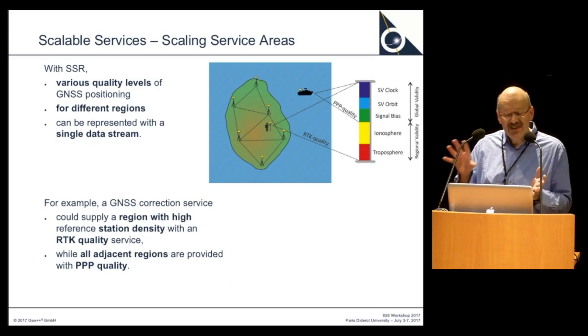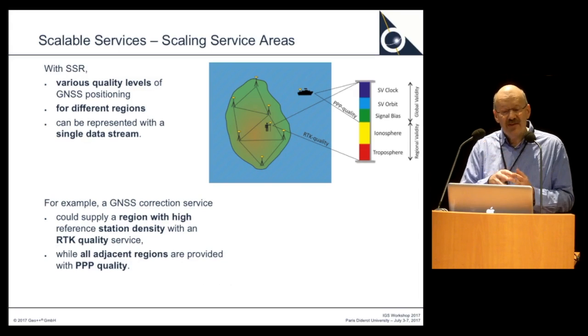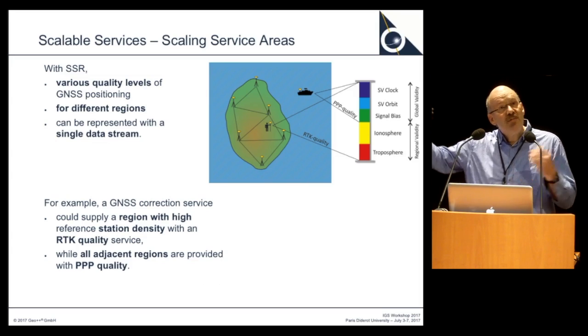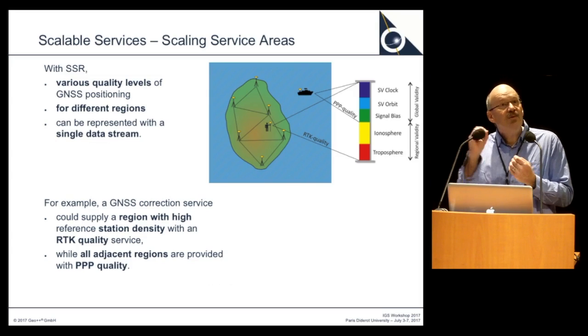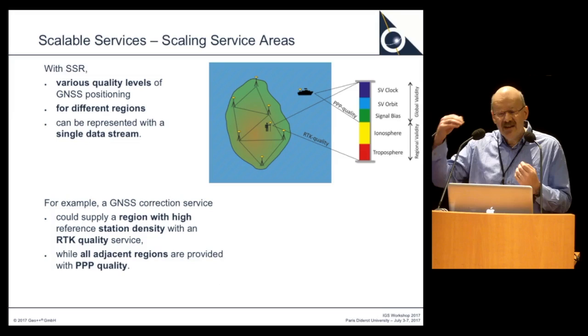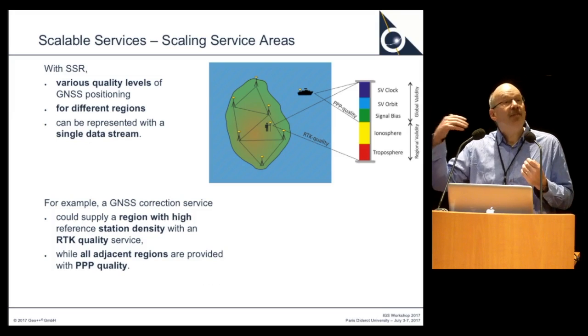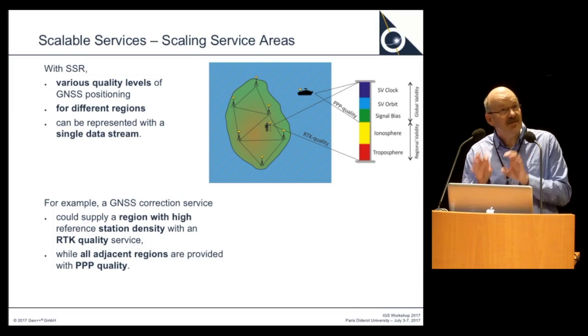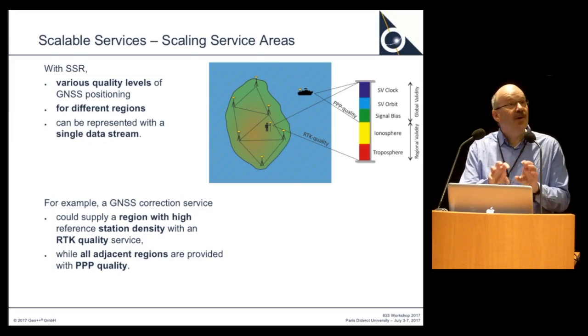So we can easily set up services which have a very high accurate position capability within the network, depicted here on the island. And outside, in the neighboring region, you just use, for instance for PPP, the clock, orbit, and bias information. And only the ionosphere and troposphere is optimized and transmitted or provided for the area where you can do the high accurate positioning.